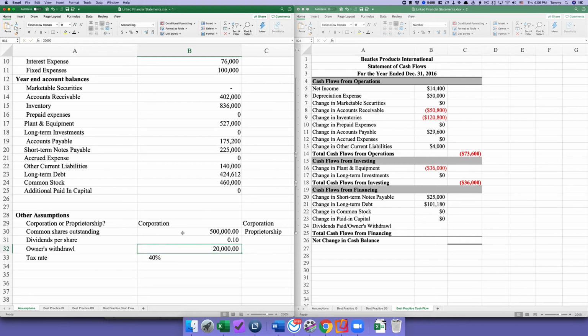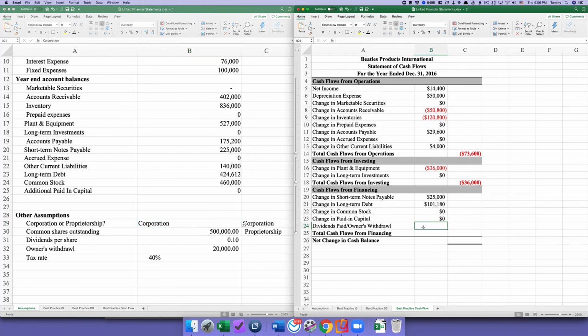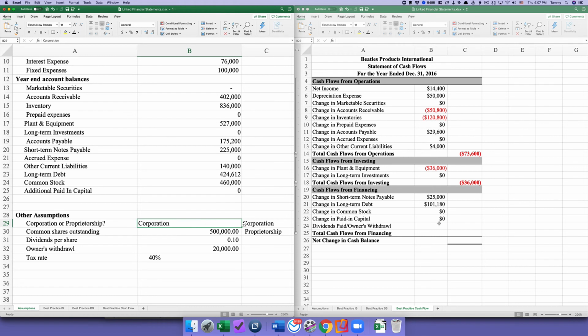So now you can't have both. It's going to be either an owner's withdrawal for a proprietorship, or it's going to be a corporate outflow. So let's set up a logical statement over here on the cash flow that will pick up one of these, depending on what the value is in this cell here, right?